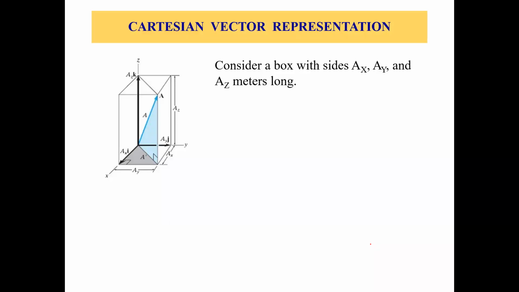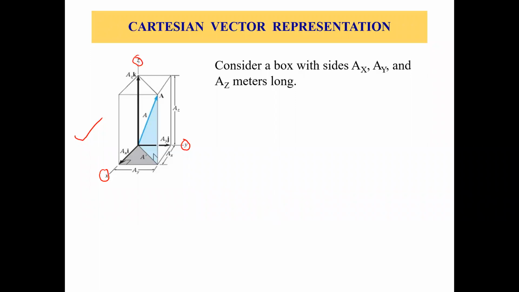Let's see here in this figure. Let's say this is a 3D box with the sides a sub x, a sub y, and a sub z meters long. So this is your x-axis, this is your y-axis, this is your z-axis. Because this is a 3D system, we have these three coordinate axes in three different directions.